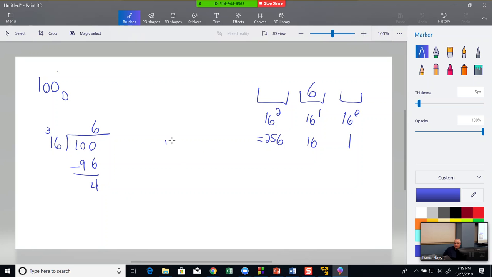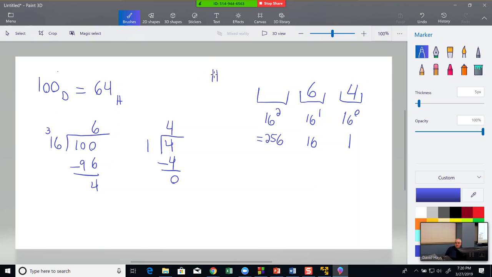And then I take my 4, and my next number is 1. 1 goes into 4 four times. 1 times 4 is 4. Subtract that, we get a remainder of 0. So this would be 4. So this would be 64 in hex. The idea is, and it means a lot more as your numbers become bigger, you don't see the power of it here, but you can represent the same number with fewer digits.